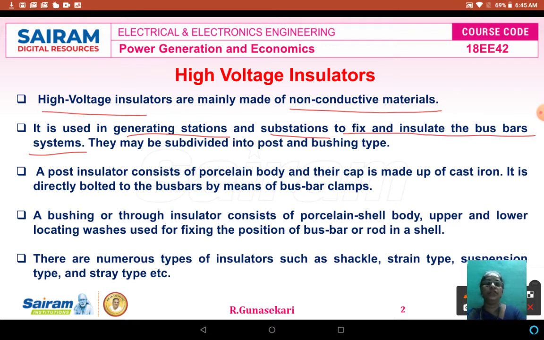The high voltage insulators are divided into post and bushing types. The post type high voltage insulator consists of a porcelain body and its cap is made of cast iron.